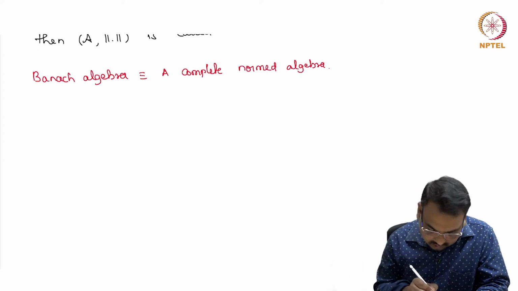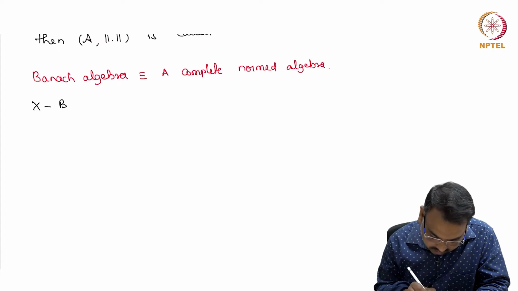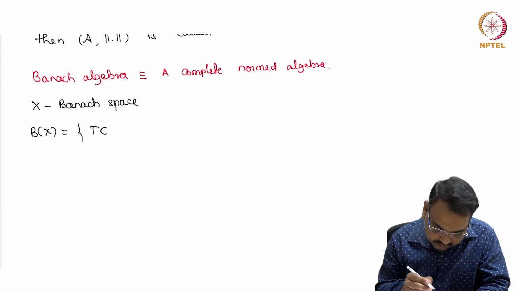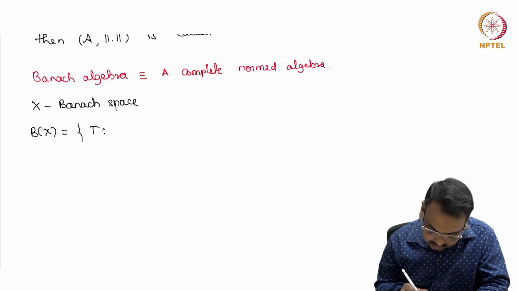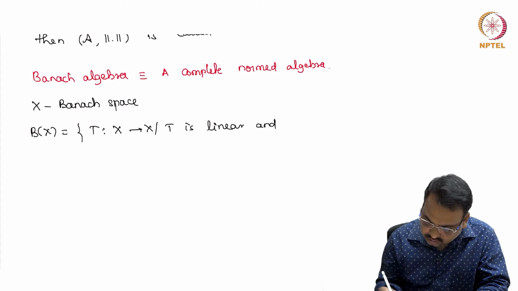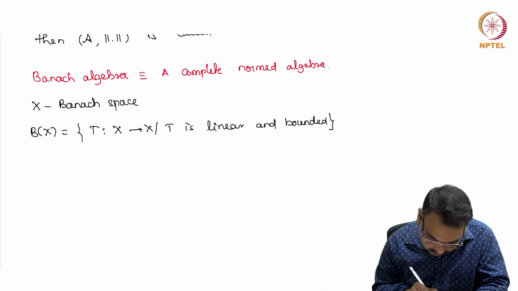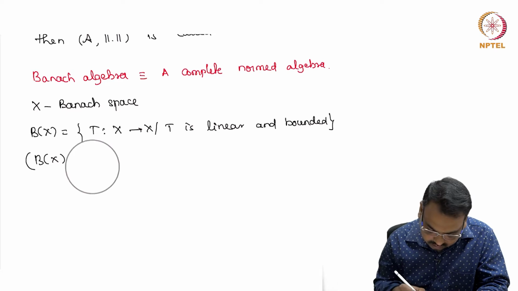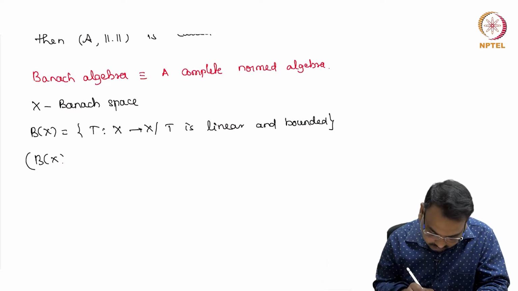So let us quickly recall: when X is a Banach space, and B(X) is the set of all T from X to X, where T is linear and bounded. We know that B(X) is a Banach space with the operator norm.